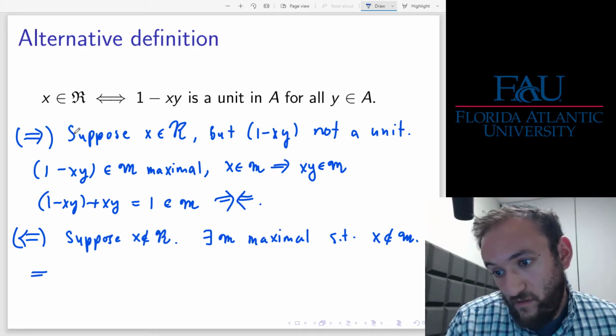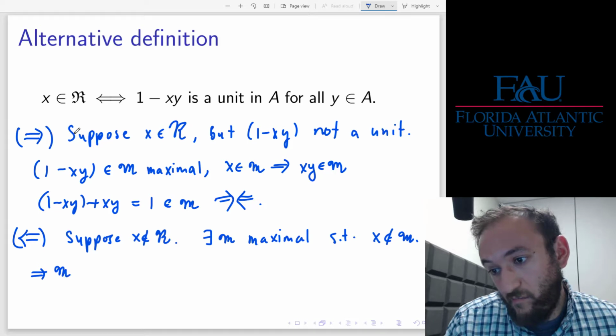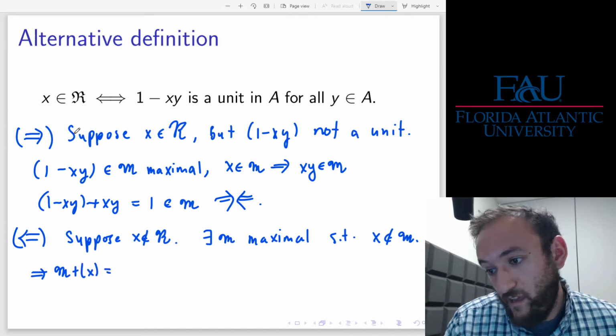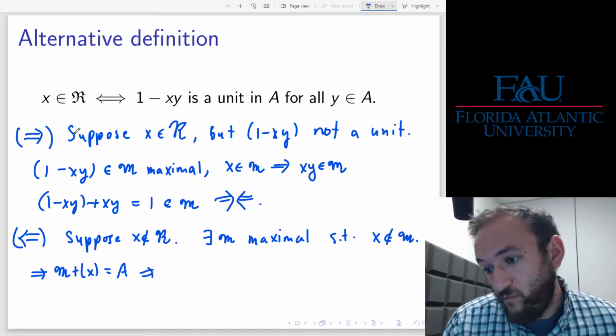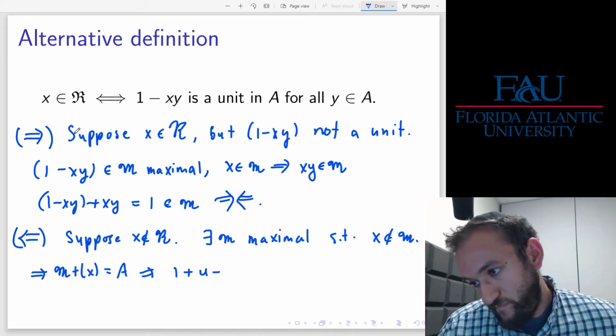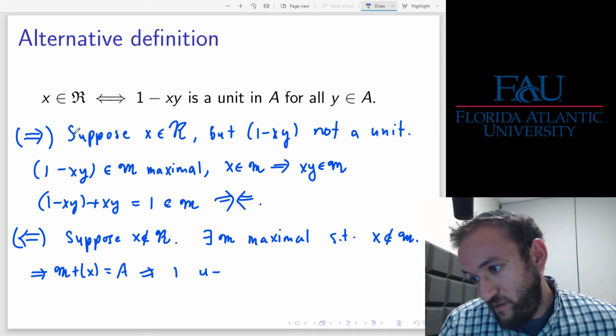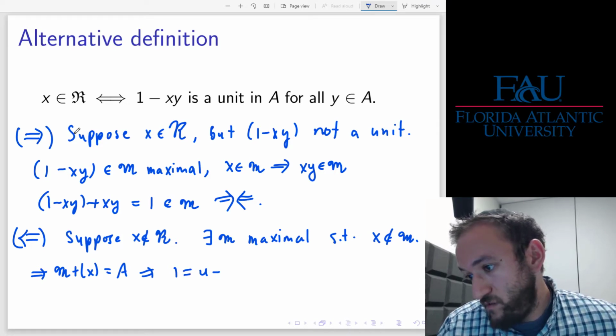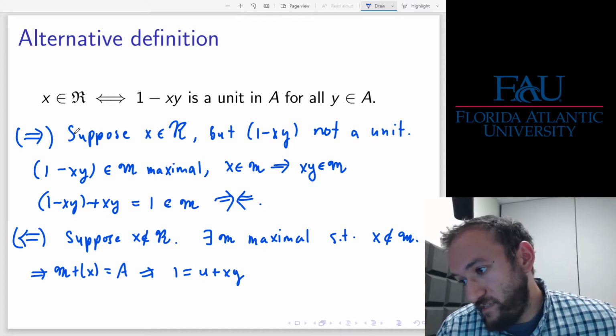So M plus x is the whole ring, which implies that I can write 1 in terms of u and x, where u is in the maximal ideal.